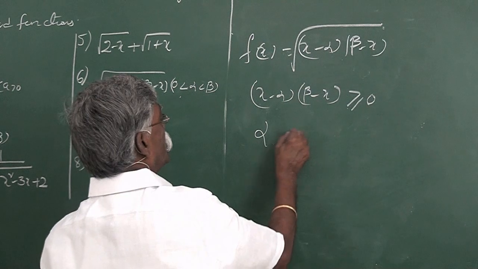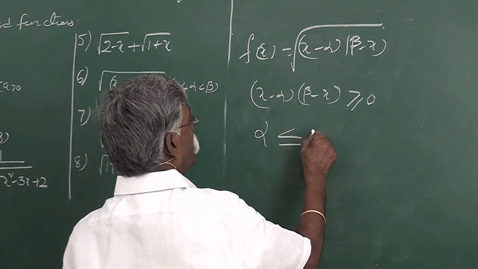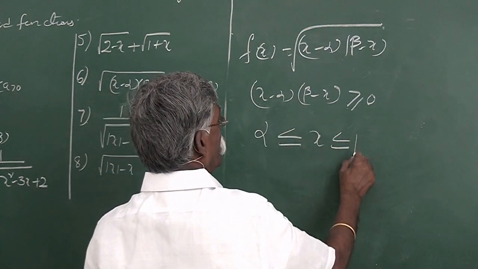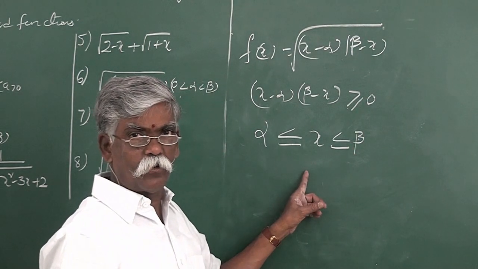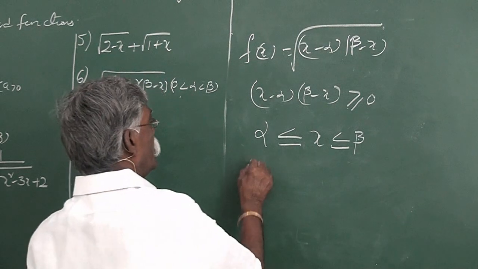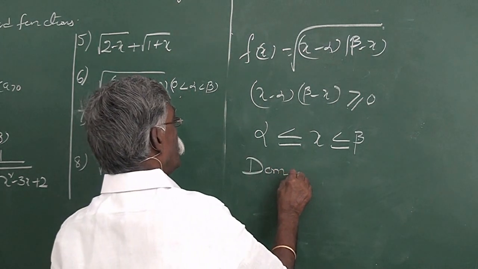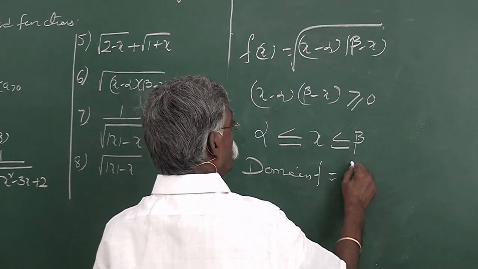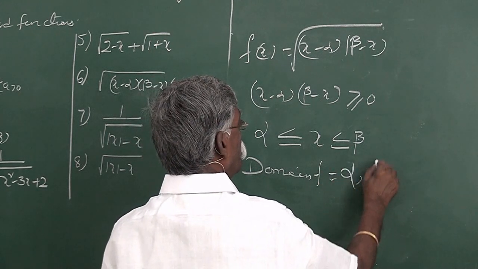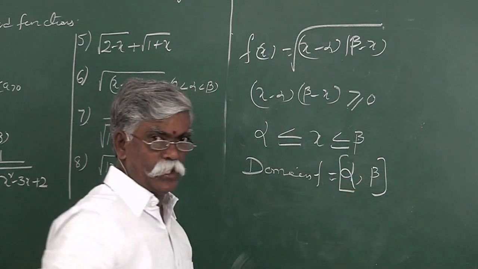Therefore, x lies in between alpha and beta, and it is given that alpha is less than beta. Therefore, alpha is less than or equal to x is less than or equal to beta. Therefore, domain f is equal to the closed interval alpha comma beta.